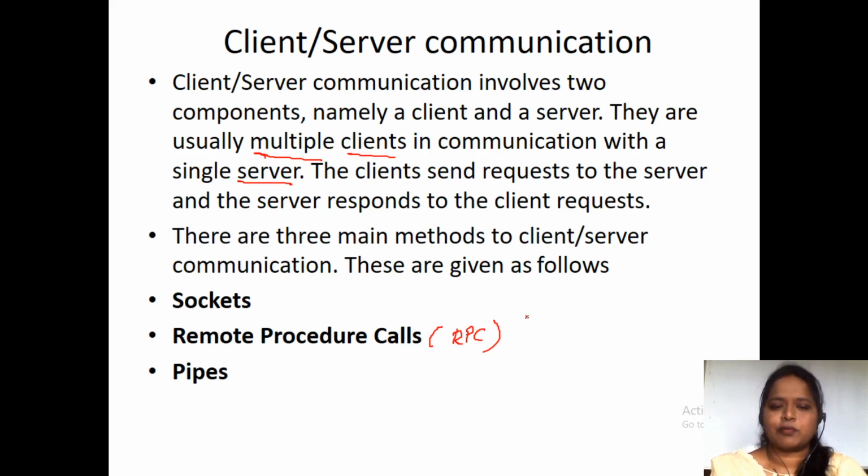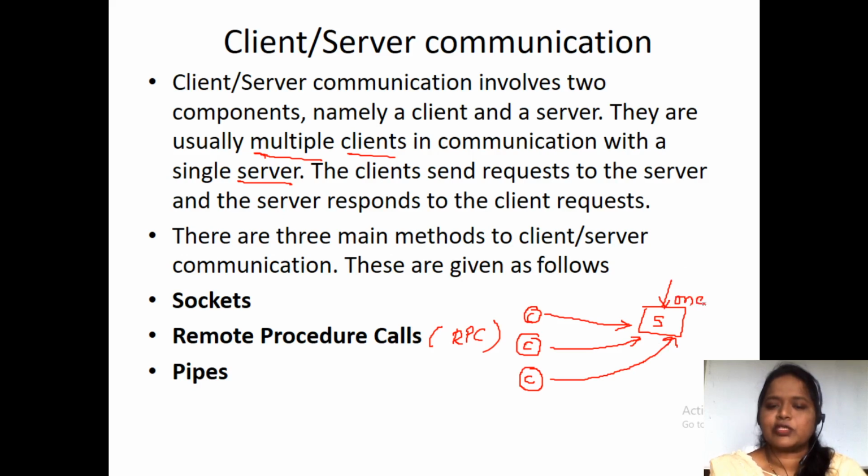Here, suppose this is the client and this is the server. I'm not saying that only one client will be there. There will be many clients. These clients ask for some information from the server, and the server provides services to the clients.